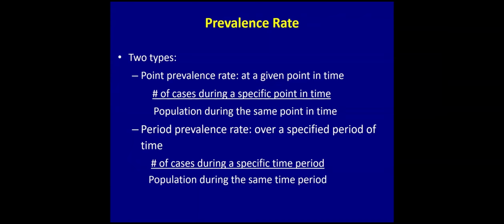Then I calculate the numerator: say out of 1,000 people whom I interviewed, 10 had asthma on the day of meeting them and asking this question. That is my point prevalence.